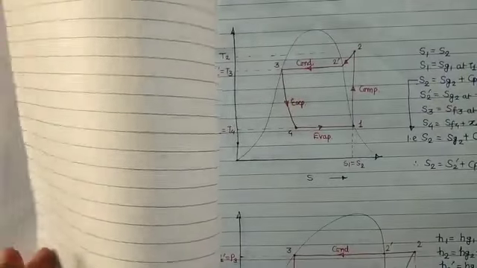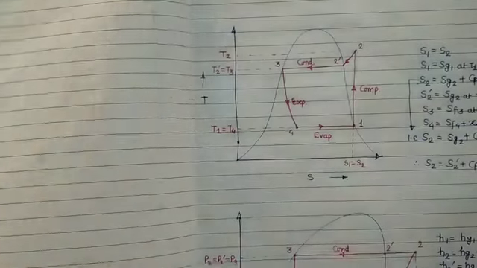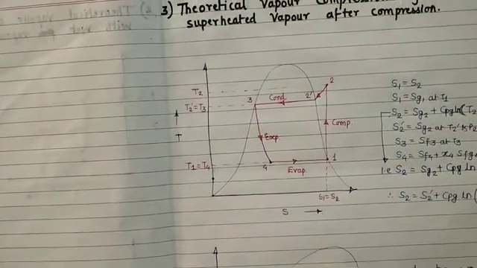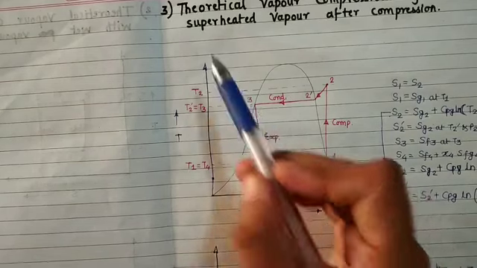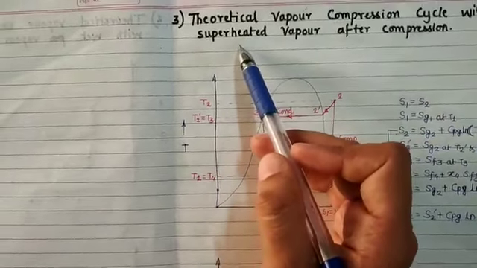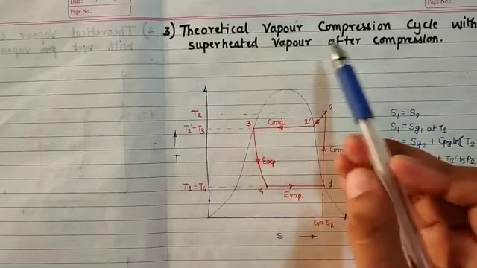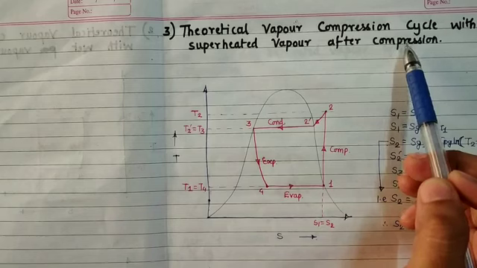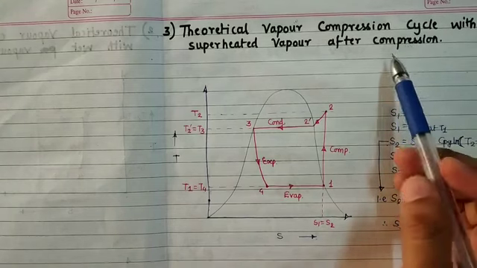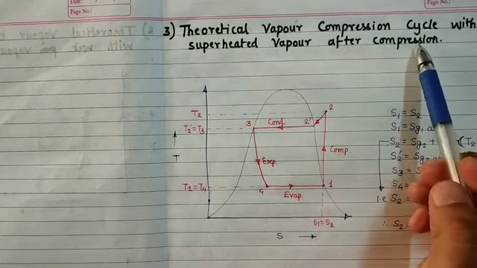So next condition is theoretical vapor compression cycle with superheated vapor after compression. I have drawn TS diagram for representing the same. So we need to have superheated vapor after compression.